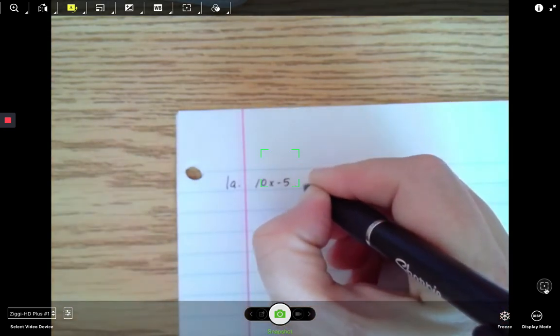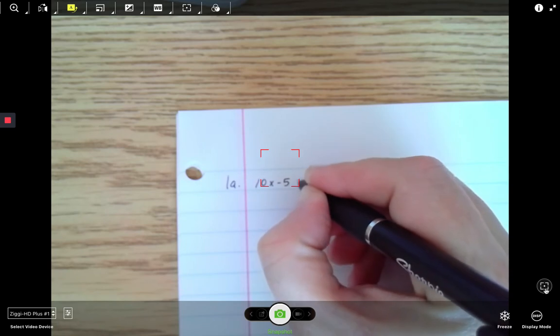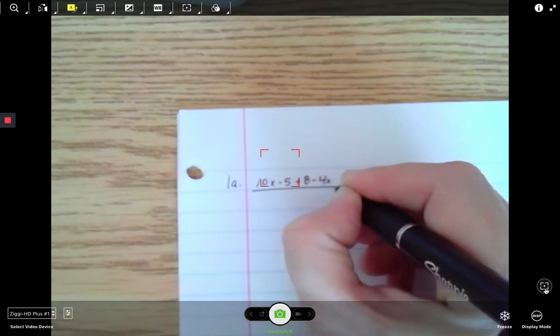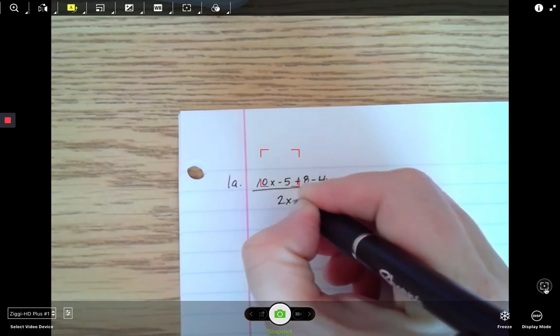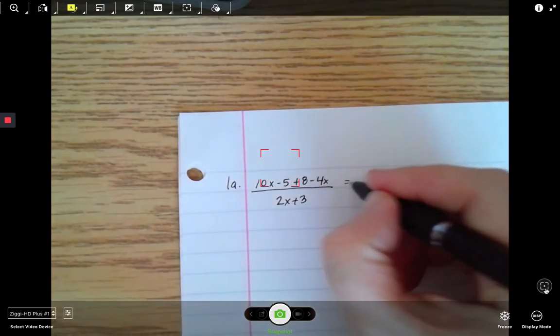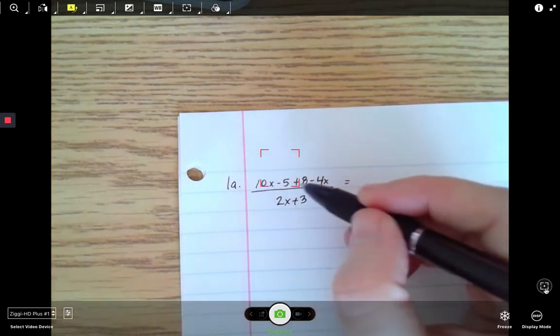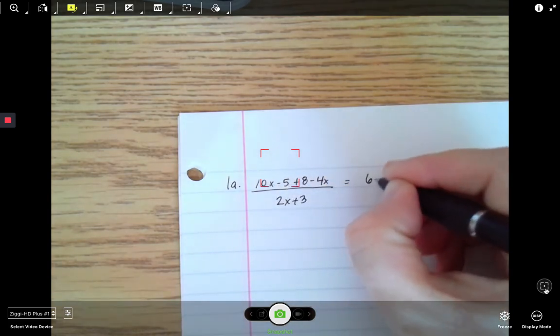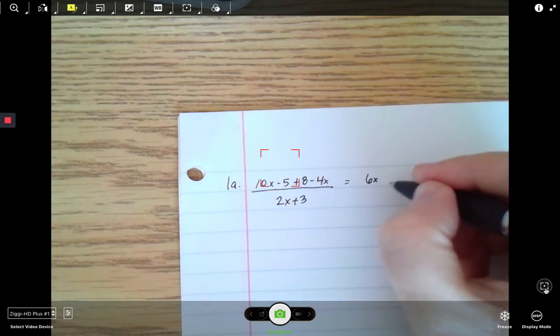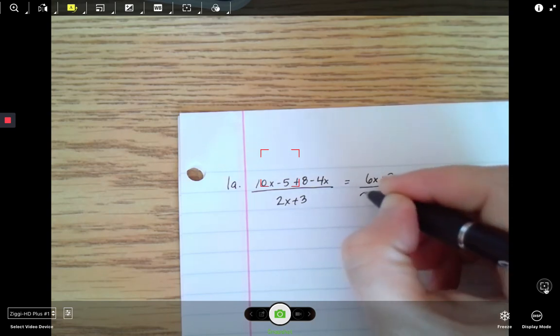10x minus 5 plus 8 minus 4x over my like denominator, which is 2x plus 3. I add together my like terms. 10x minus 4x is 6x. Negative 5 plus 8 is a positive 3 over 2x plus 3.